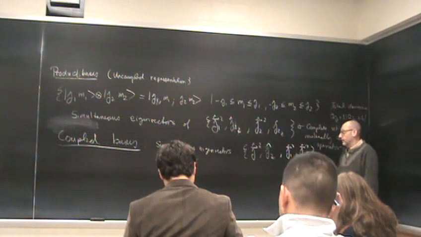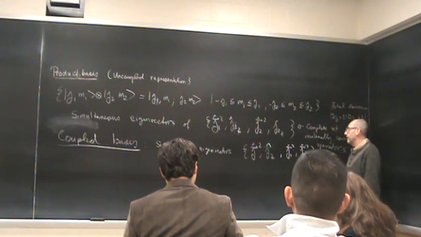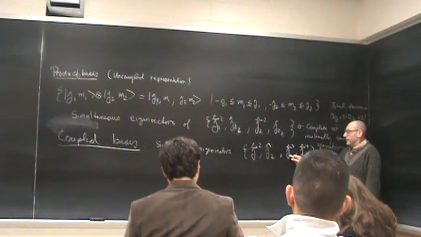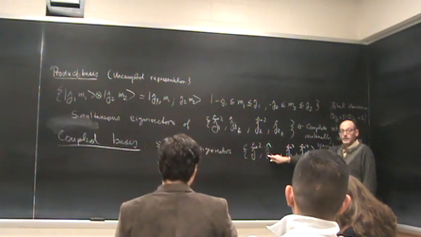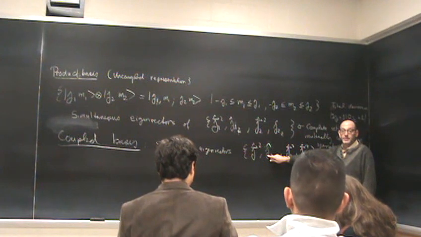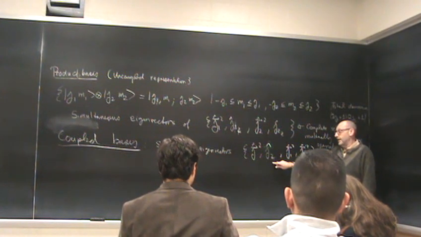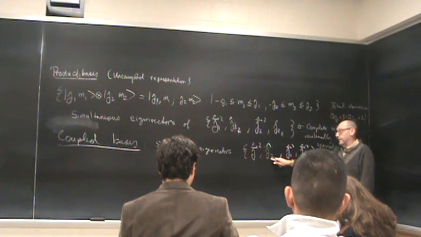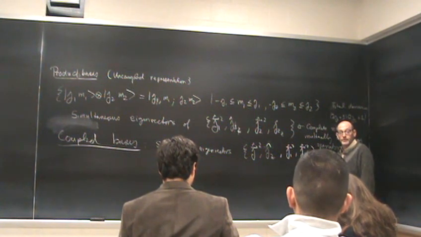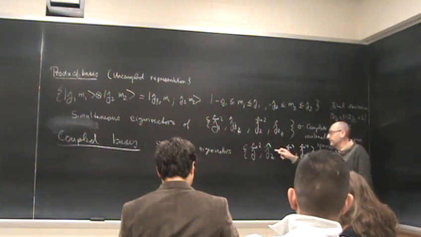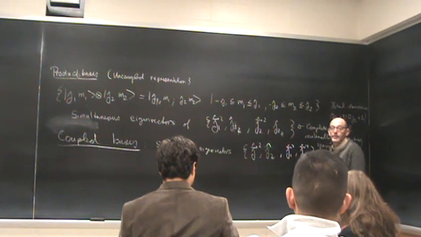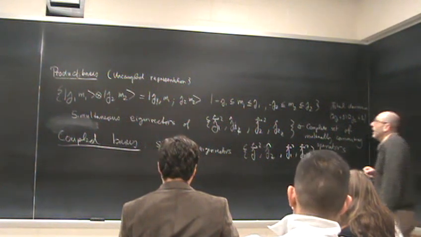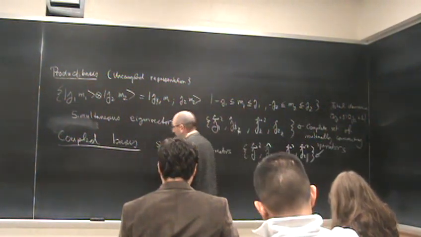Why are these a set of mutually commuting operators? Well, Jz is J1z plus J2z. J2z obviously commutes with that, but J1z does as well. Similar argument holds for this, right? And the magnitude squareds all commute with one another as well. Okay? So this is a complete set of mutually commuting operators.